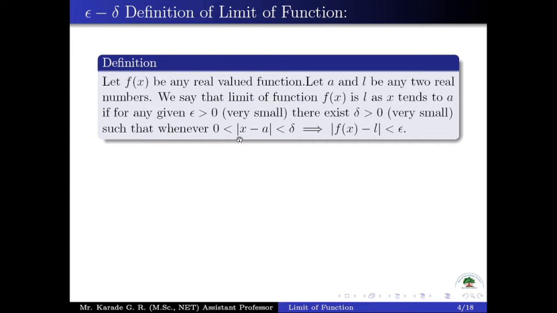Geometrically, mod of x minus A is nothing but distance between x and A. And here we are saying that distance between x and A is greater than 0, means x is not equal to A, and again we are saying that this distance is less than delta, but delta is a very small quantity, therefore we say that distance between x and A is very small. Means x is very close to a, but x is not equal to a. Means values of x approaching to a but not touches to a.